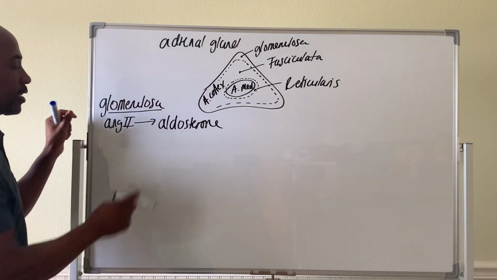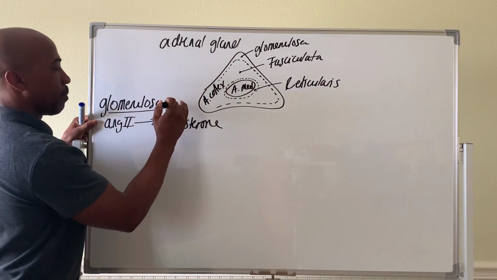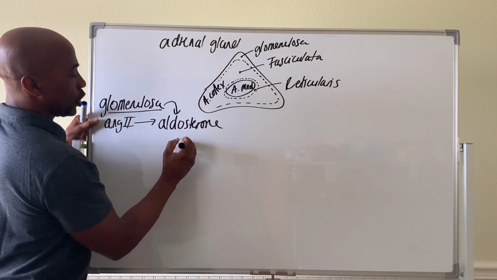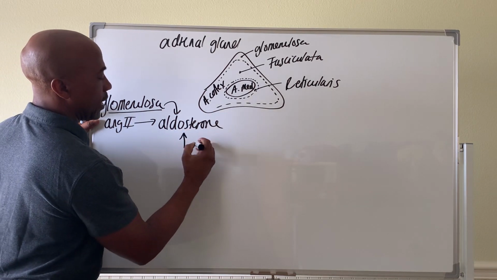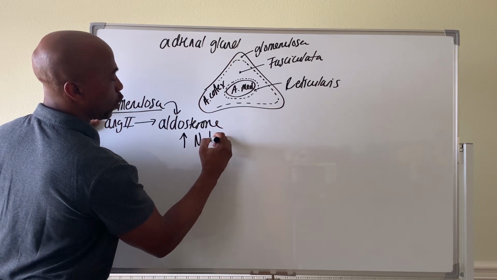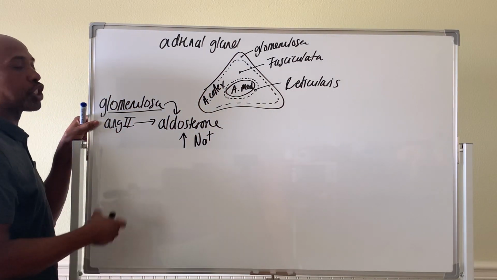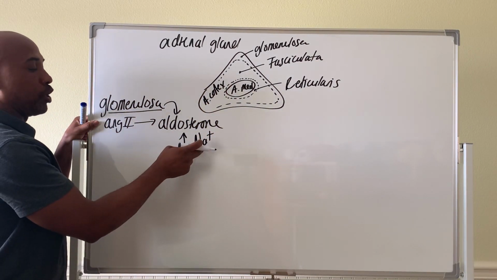This hormone, made by the glomerulosa, will in turn cause the kidney to increase sodium reabsorption, which means you will excrete less sodium in your urine.